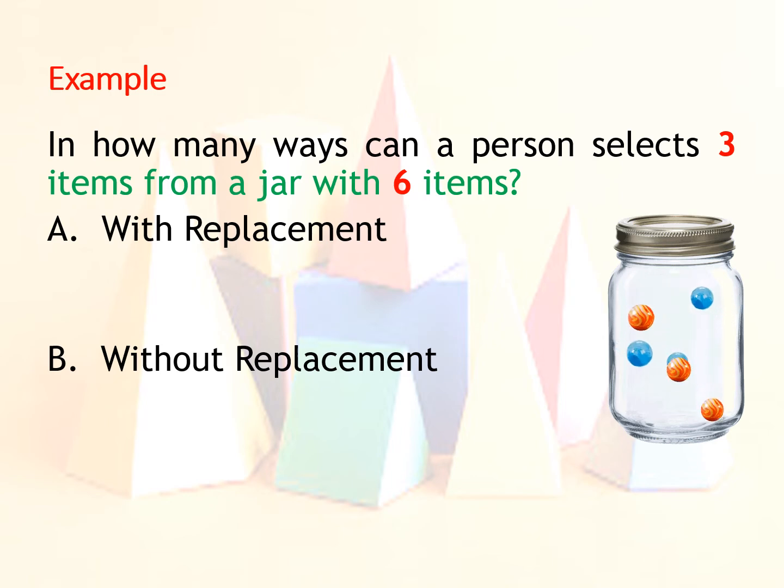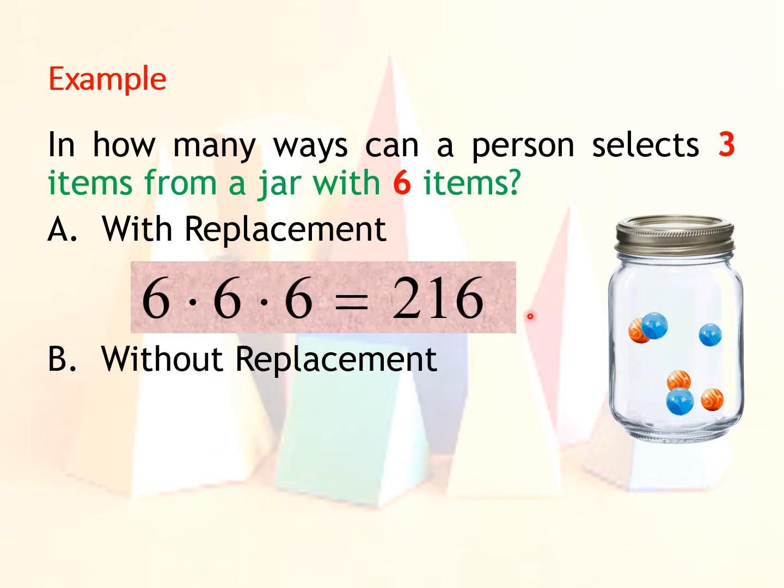Now let us have the third one. In how many ways can a person select 3 items from a jar with 6 items? As you can see here, we have marbles inside the jar. We have 6 marbles. In how many ways can we select 3 marbles from this jar? First, with replacement.